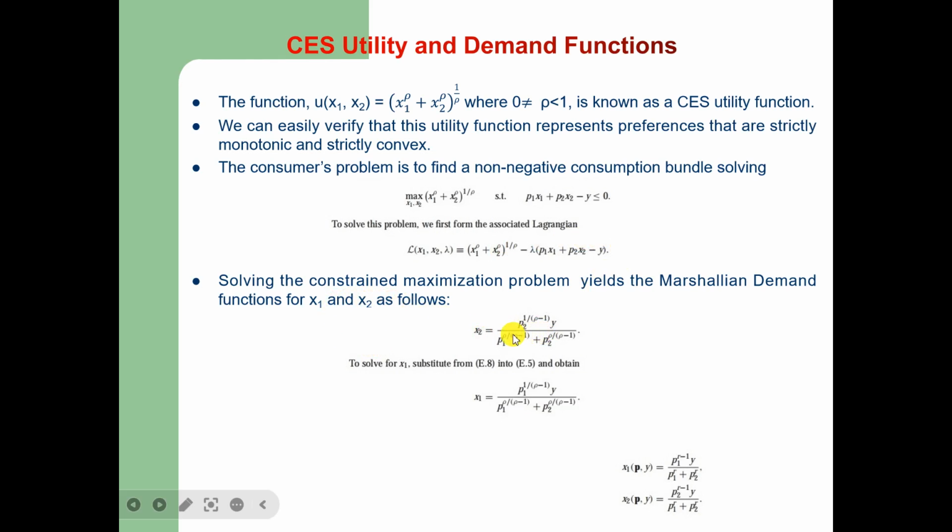So this is the Marshallian demand function for x2 good in case of the constant elasticity of substitution utility function. So this is the demand function for x2 commodity, and similarly if we want to solve for x1, we will substitute this into the budget function.